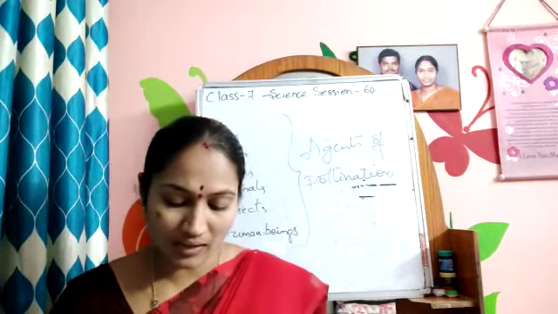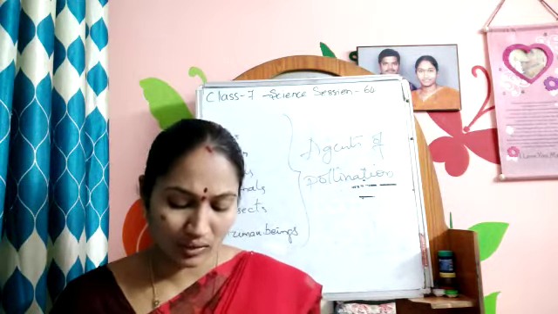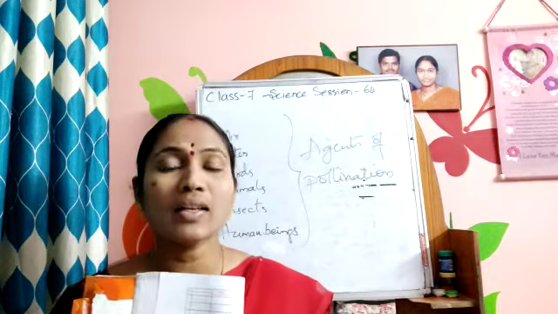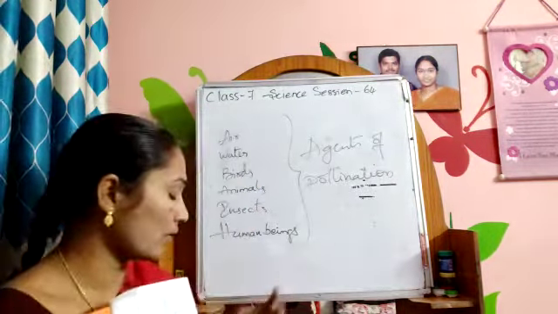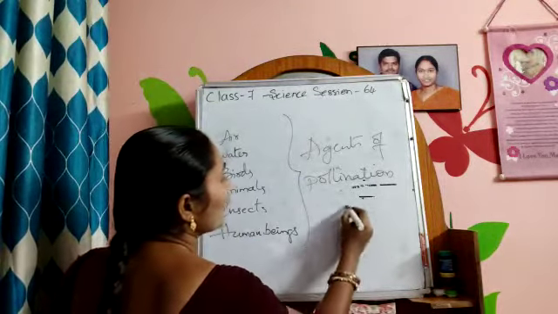Insects like butterflies suck nectar from flowers. At that time, pollen grains of that flower stick to the legs of the butterfly. So what does the butterfly do? The insects like butterflies suck the nectar from the flower. This is a flower.